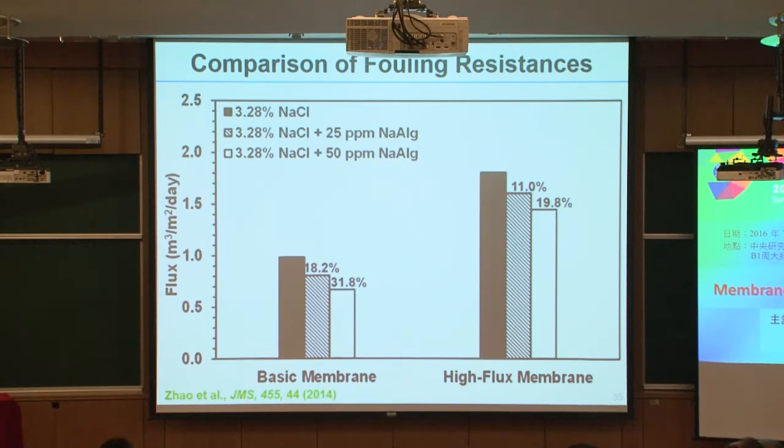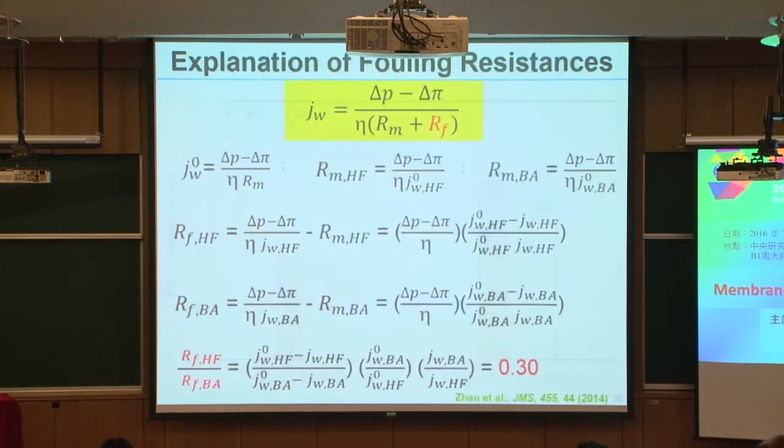But when we add 25 ppm of sodium alginate, which is the decomposition of seaweed, when seaweed decomposes you get sodium alginate, and that's a very common foulant in seawater. With 25 ppm, the basic membrane drops 18%, but our high flux membrane only drops 11%. And when we double the foulant to 50 ppm, it drops more. So here also it drops more. But overall, our reduction is still much lower than the membrane without the hydrophilic additive. Okay, so that is the overall observation.